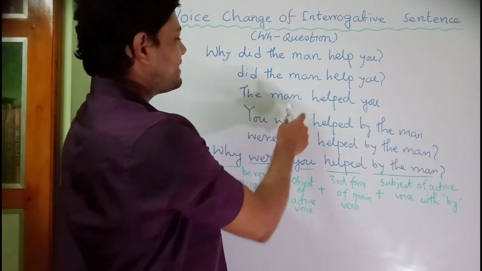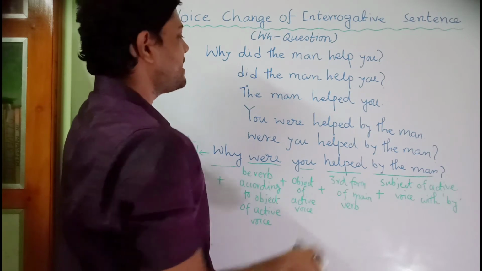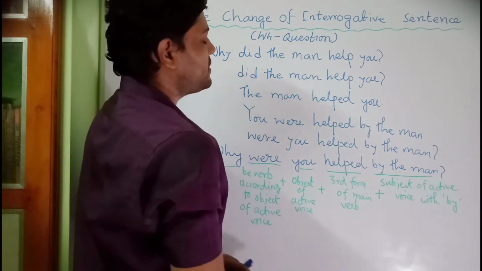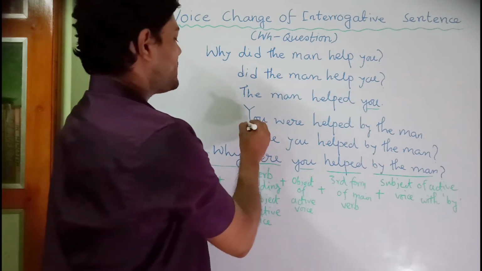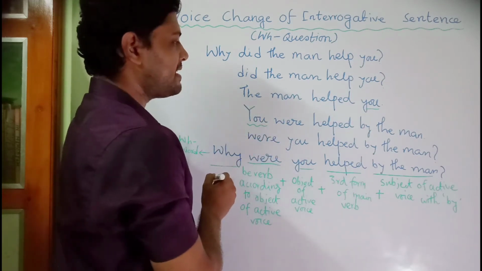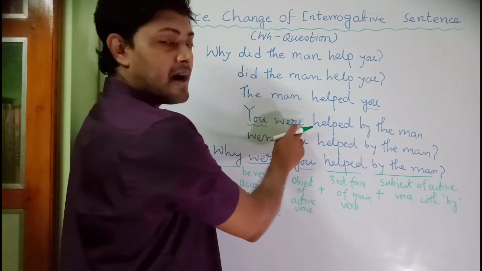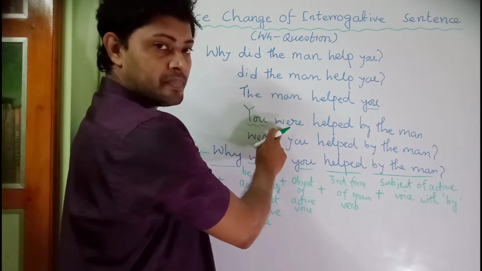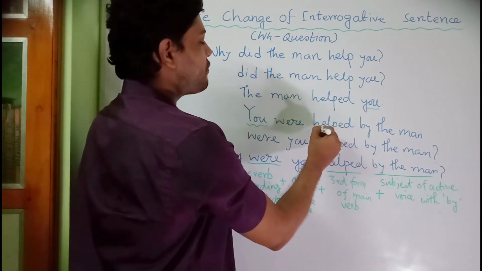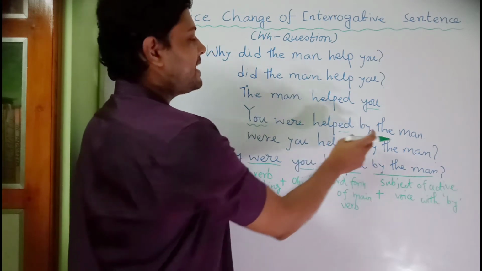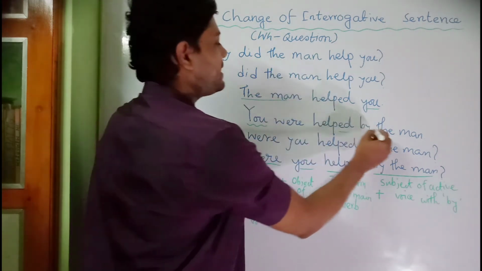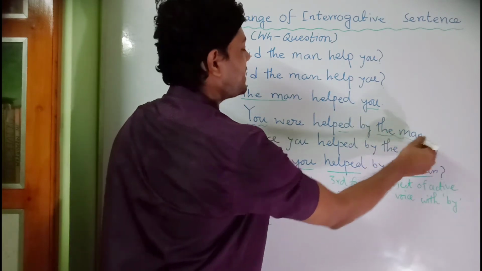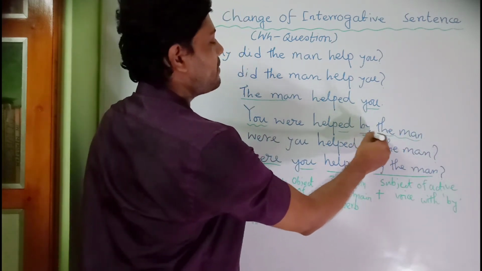After that the voice has been changed. The object of active voice has become the subject here, and then the be verb according to the subject. After that the third form of the verb, and then the subject of the active voice has become here the object and it has been placed with by.